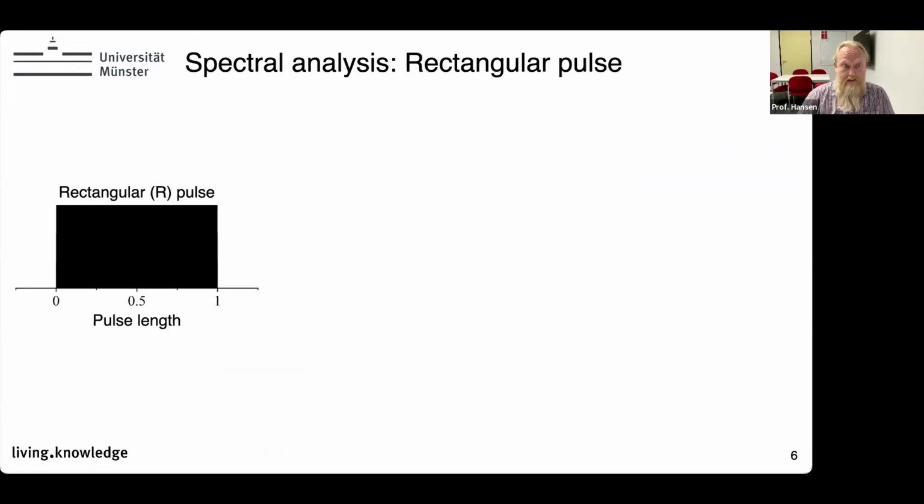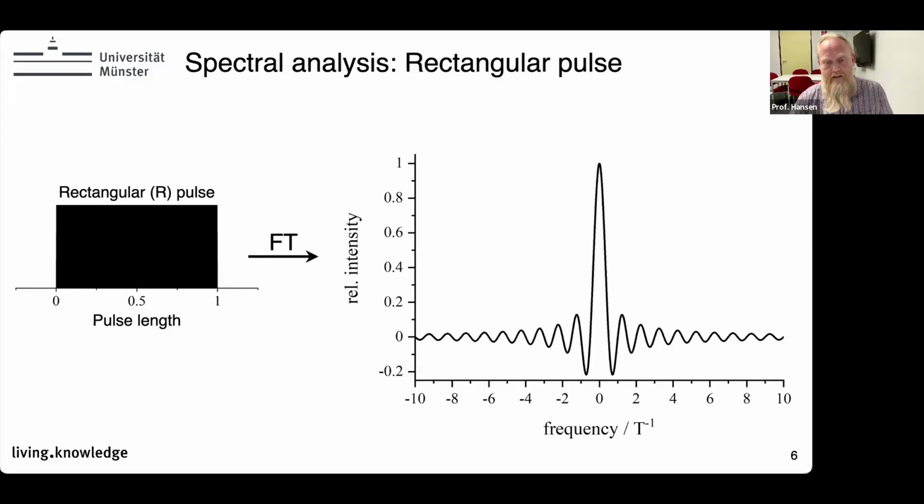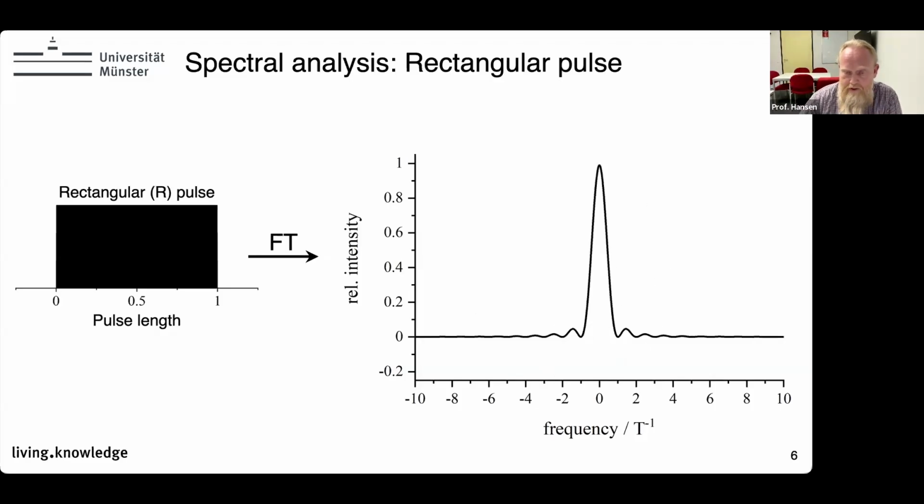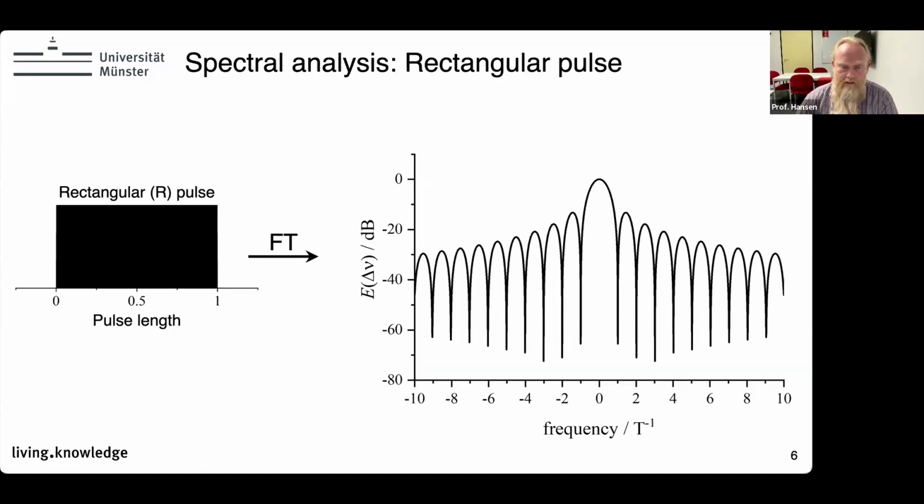If you do this spectral analysis of the pulse, here's a rectangular pulse, just normalized to a length of 1. If you do the Fourier transform of this, as we just saw, you have the characteristic sinc function. You can then take the absolute values of this and put it in a power spectrum, and this looks like this.